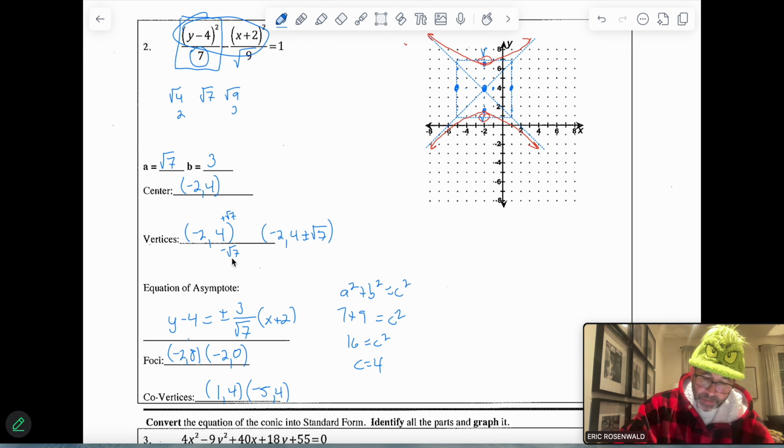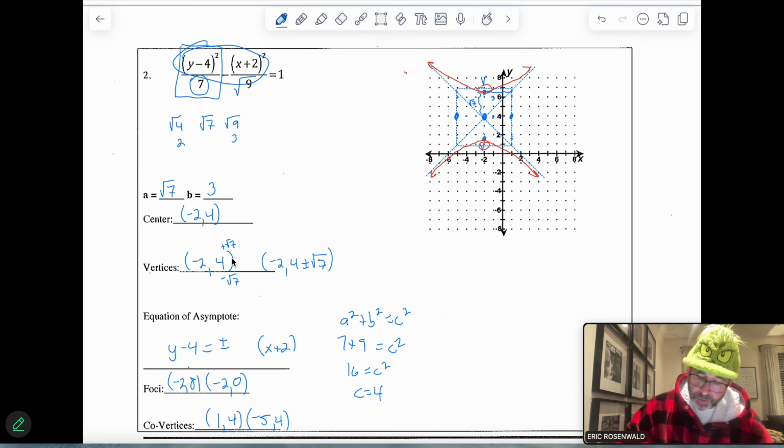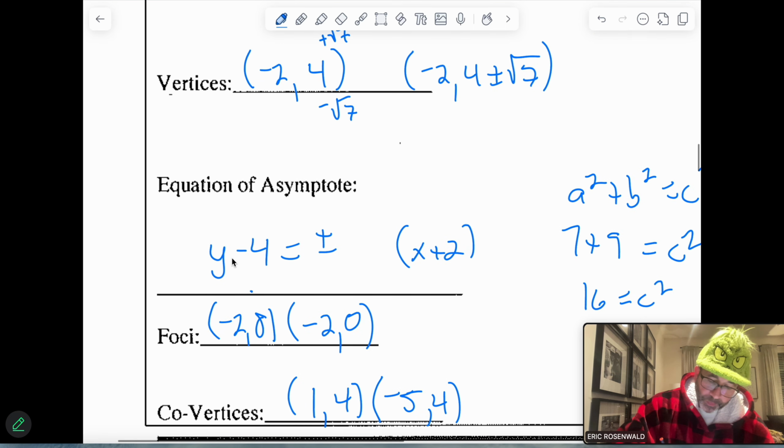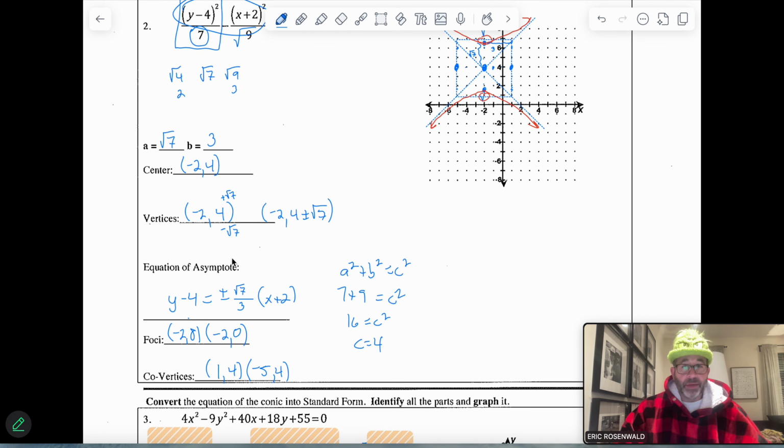Nope, that's not right. Sorry. Give me a sec. Just made a little mistake there. Sorry. So what we're doing is to get from one point to the next, we're going to go up root 7, and then we're going to go right 3. So it's going to be root 7 over 3. Okay? That's it on that one.